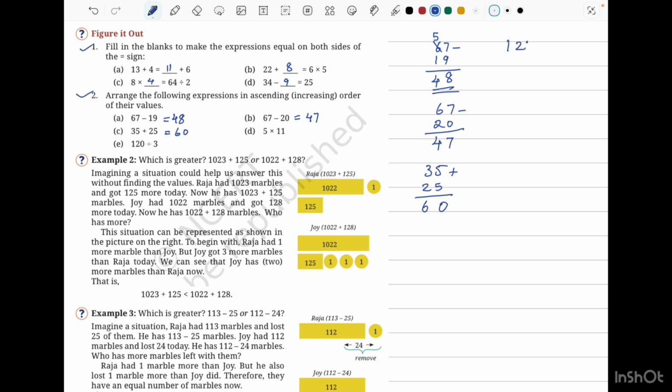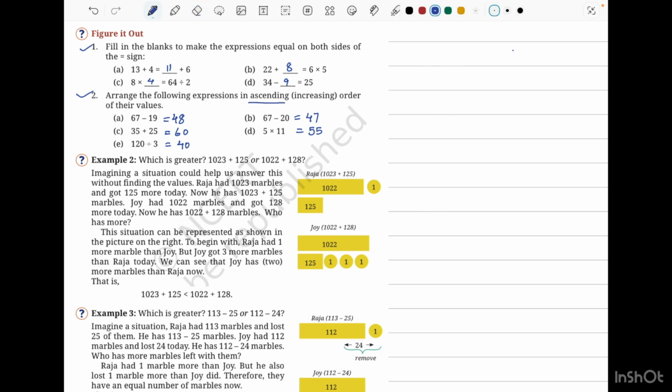Next one, 120 divided by 3: we can divide 12 by 3, which is 4, and adding 0, 40. Next one is 5 times 11, whose answer is 55. So we can write the expressions in their ascending order.